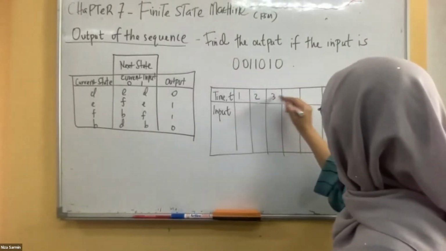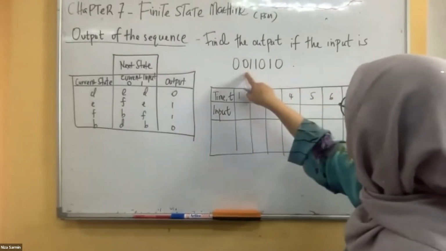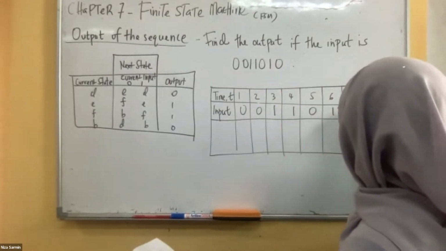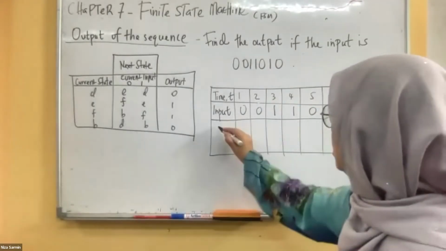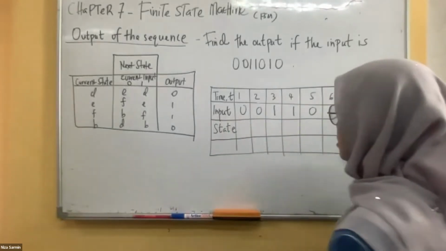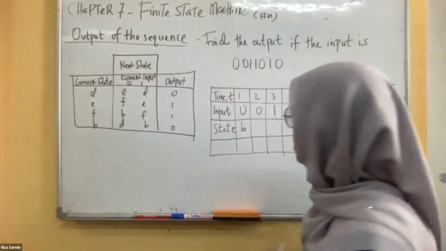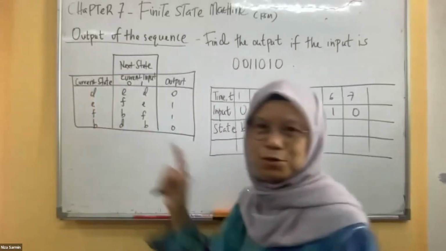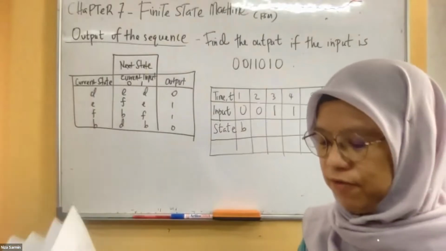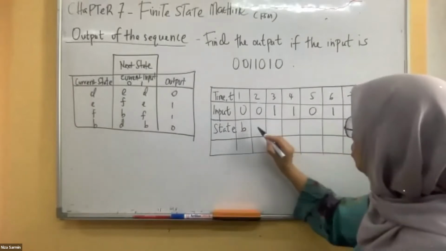Then we put this input: 0, 0, 1, 1, 0, 1, 0. Then you have to put the initial state first, and then you fill out the rest. How do you fill this out?